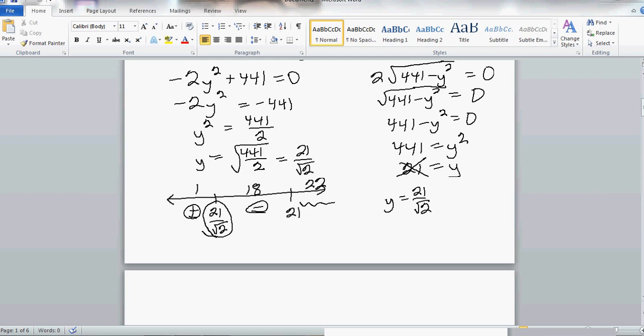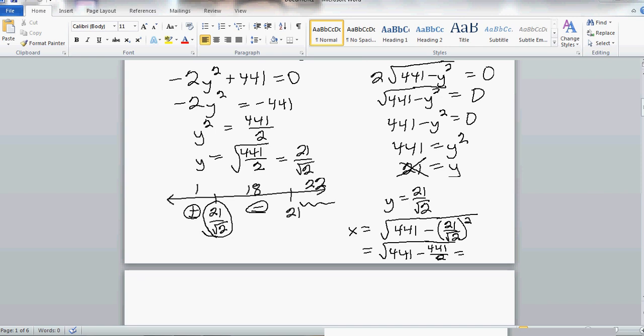Now we have to go way back to one of the first parts of this problem that we did, and that is to figure out what x would equal. And we know that x is equal to the square root of 441 minus whatever y is squared. Well, now, this will equal the square root of 441 minus, 21 over root 2 squared is 441 over 2.